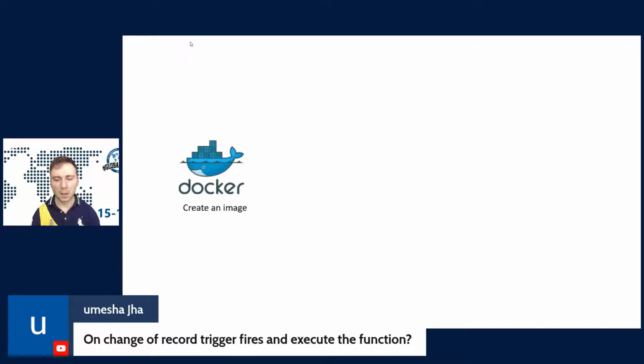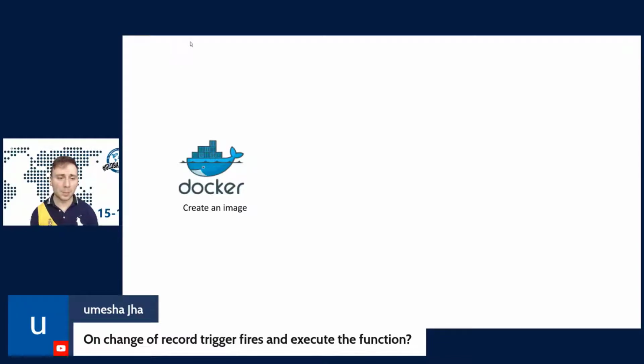A container image is usually created using Docker, the most popular tool for this. We take our application, dependencies, and operating system pieces, and combine them in a single container image.